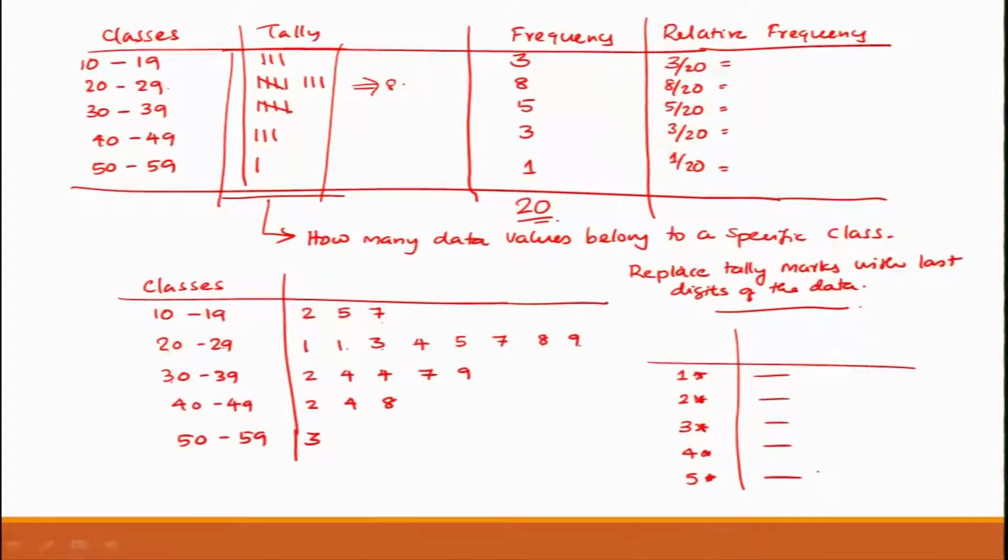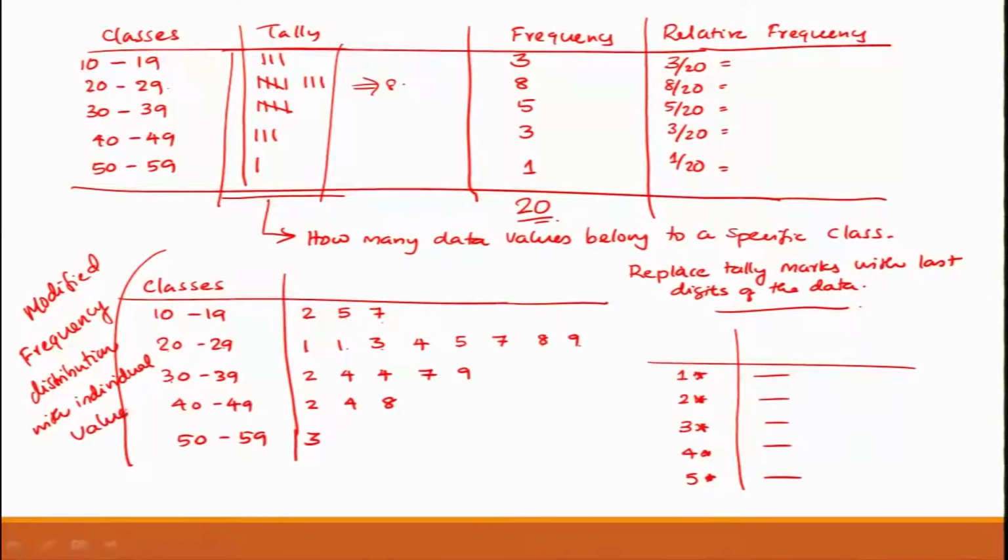So let us see how I can transform this into the current modified version, which we can call a modified frequency distribution with individual values. Let us see how we can do it in that format. I will have 1 star, 2 star, 3 star, 4 star, and 5 star.